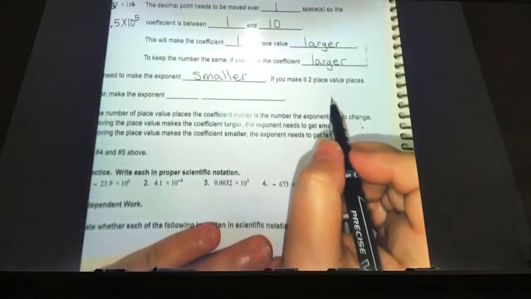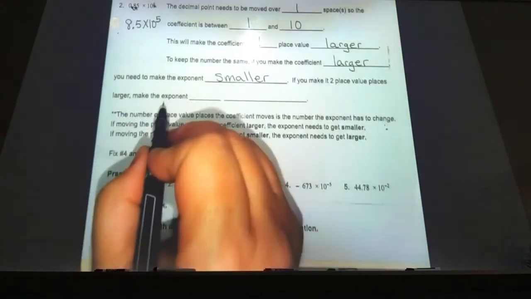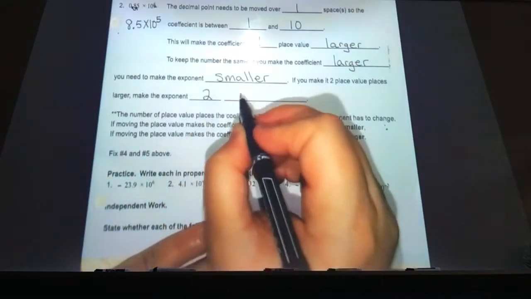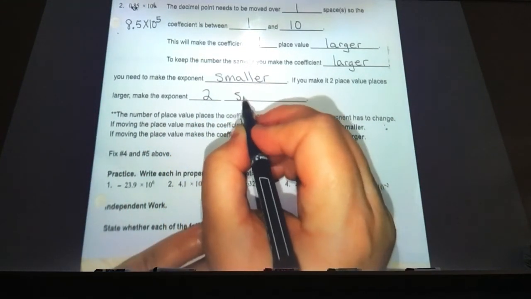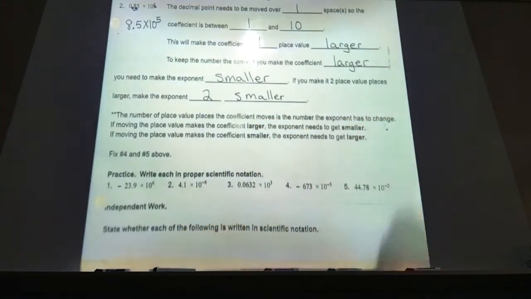If you'd have to make it 2 place values larger, then the exponent would become 2 smaller. If you made it 10 place values larger, it would become 10 place values smaller.